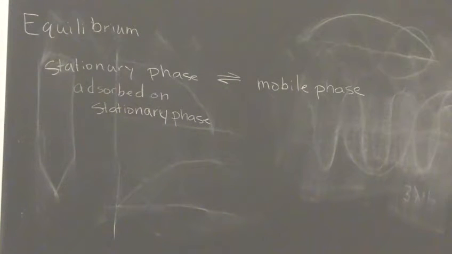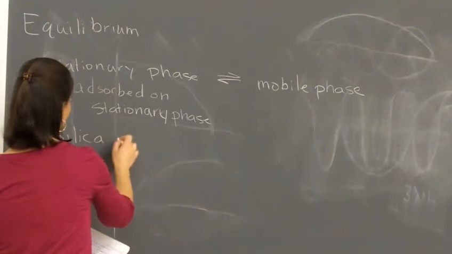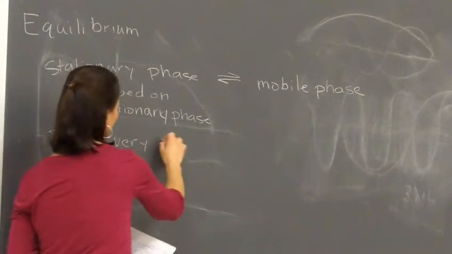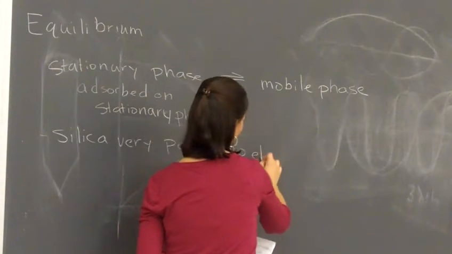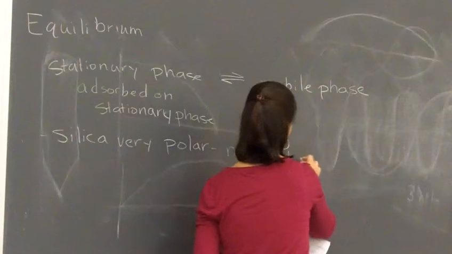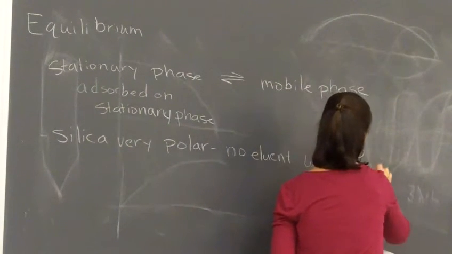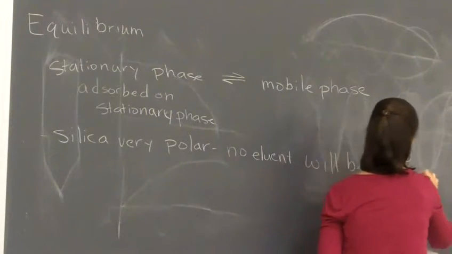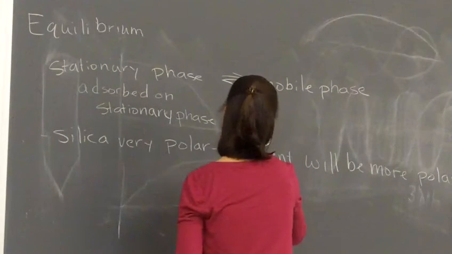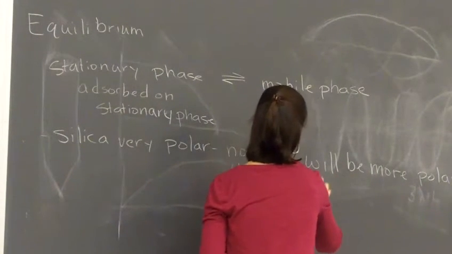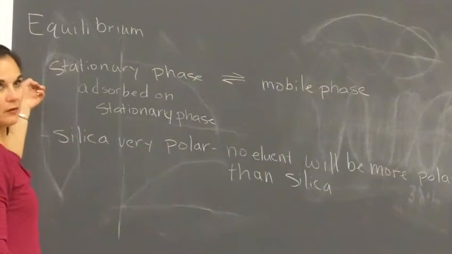Now, the stationary phase that we're using, the silica, is very polar, okay? And no eluent that we will use will be more polar than the silica. So the stationary phase is going to be our polar component, okay?